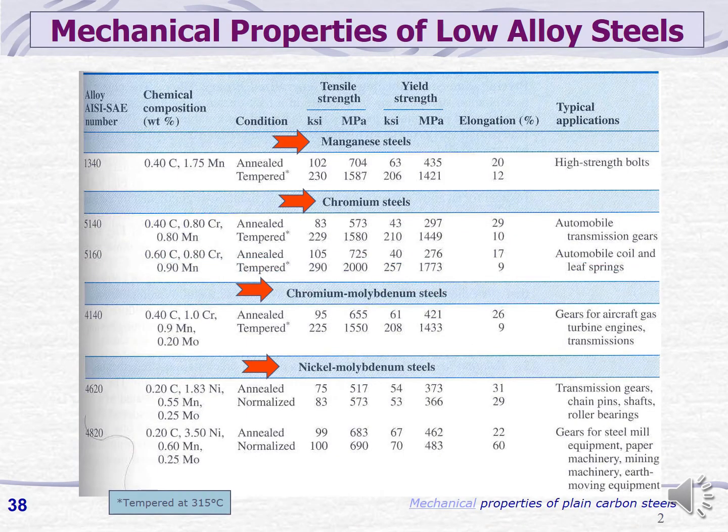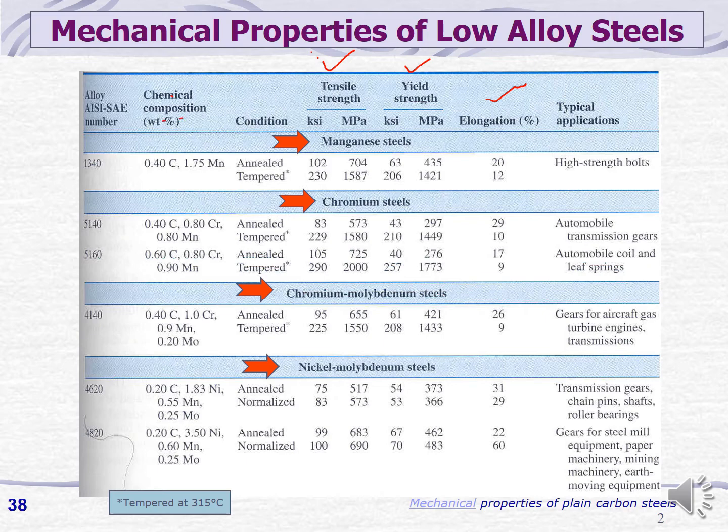Okay, this table is about the mechanical properties of low alloy steels. You can see here the tensile strength, the yield strength, and percent of elongation. And here you can see the SAE number for the low alloy steels.